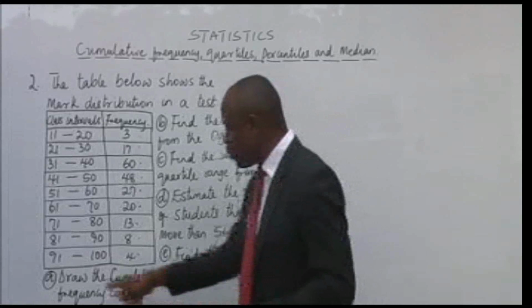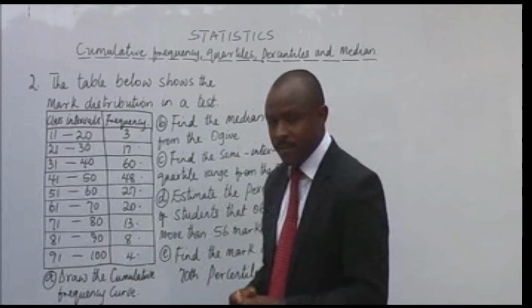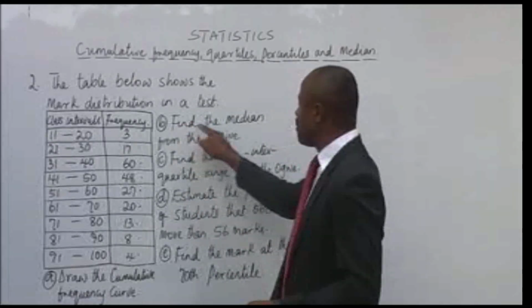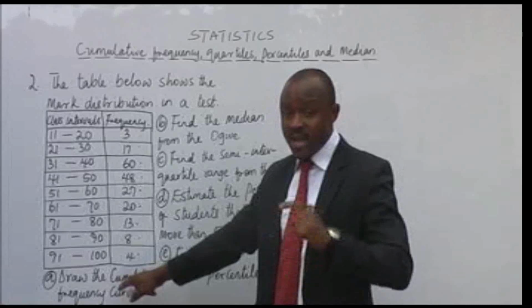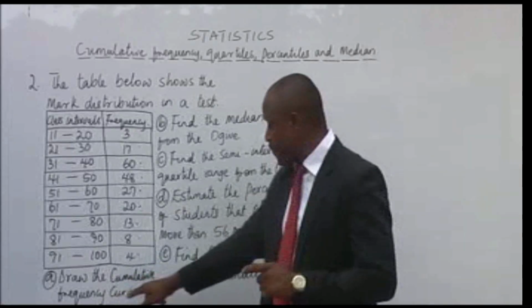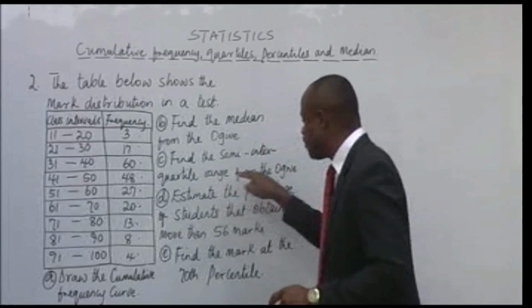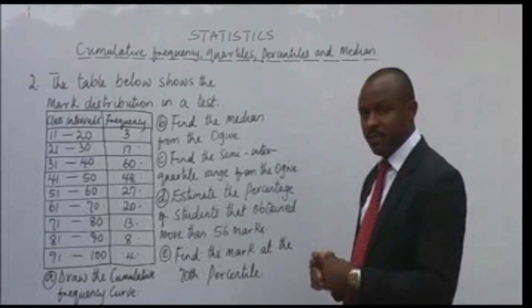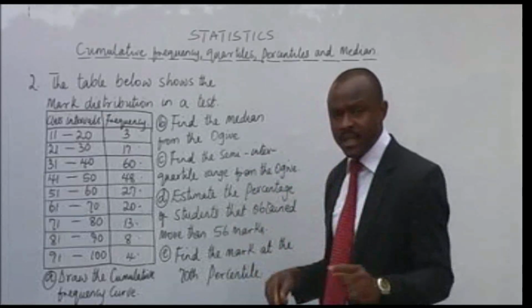Now the question says we should draw the cumulative frequency curve. That means we should draw the ogive. B said we should find the median from the ogive, which we must have drawn in question A. C said we should find the semi-interquartile range from the ogive. Formerly, in the first question, we calculated the semi-interquartile range with the formula.